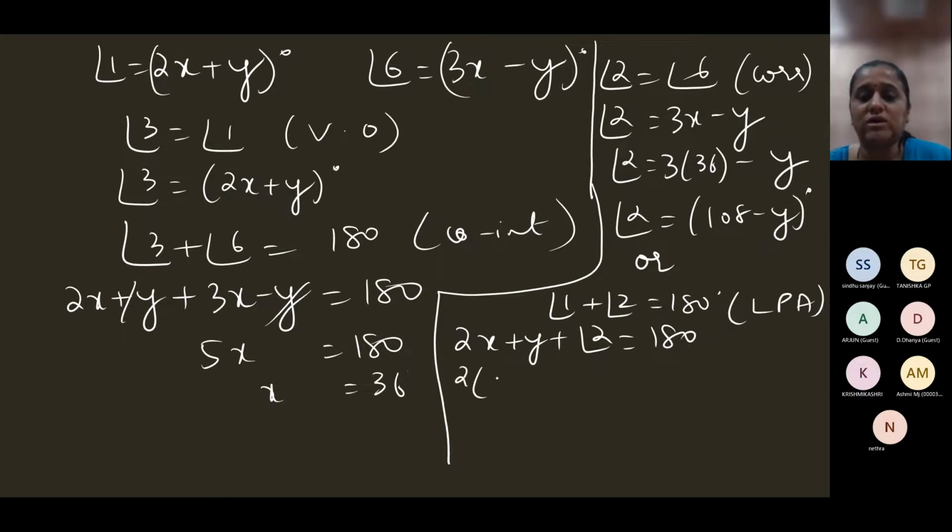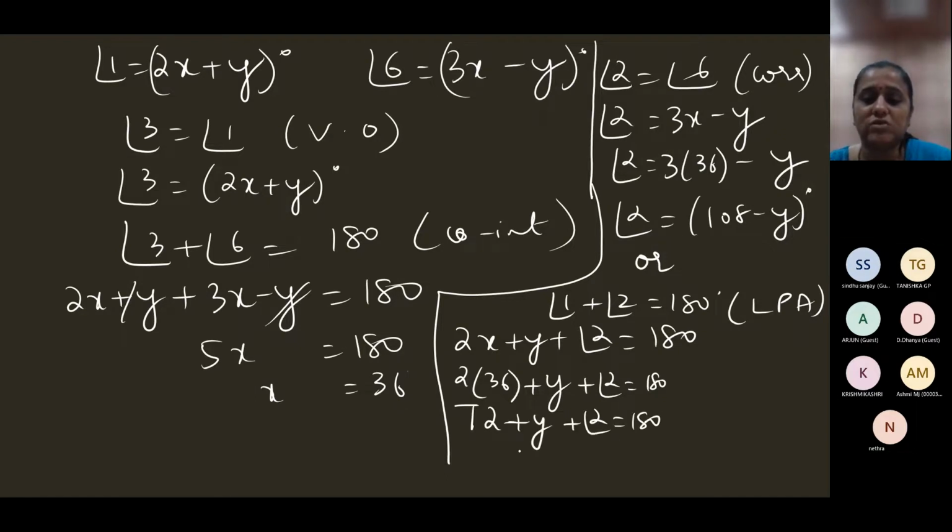So 2 into 36 plus y plus angle 2 is equal to 180. How much is this? 72. So 72 plus y plus angle 2 is equal to 180. So angle 2 is equal to 180 minus 72 minus y. Angle 2 is equal to 108 minus y.